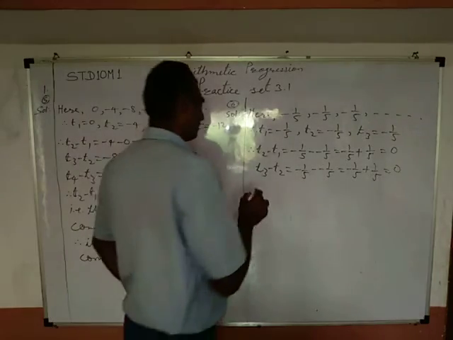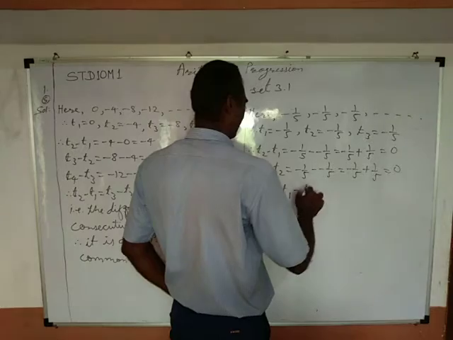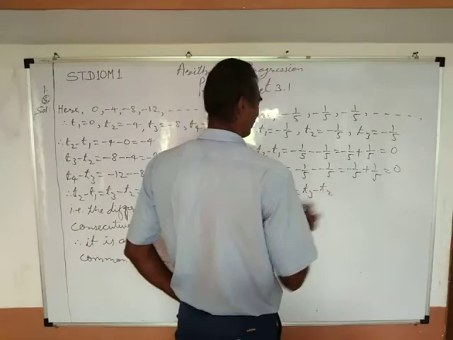And therefore we may conclude T2 minus T1 equals T3 minus T2.